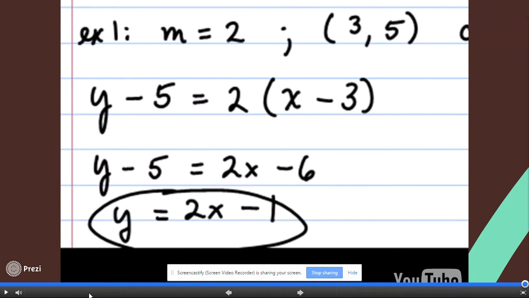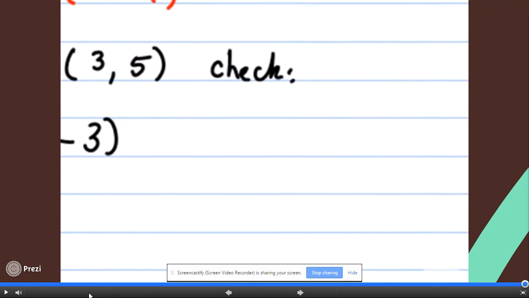We can do a check by noting that the slope of this line is 2 by definition. It matches our question. We just need to verify that the ordered pair 3, 5 really is on the line. In other words, if x is 3, we better get 5 when we evaluate the equation.